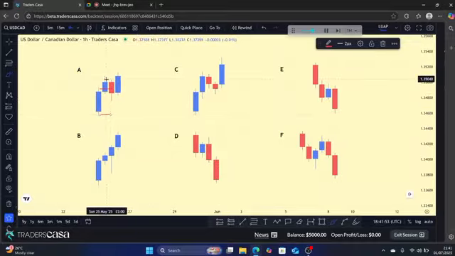The same here: I was anticipating that price should break past the highest point of this candle for price to be in that candlestick based uptrend.